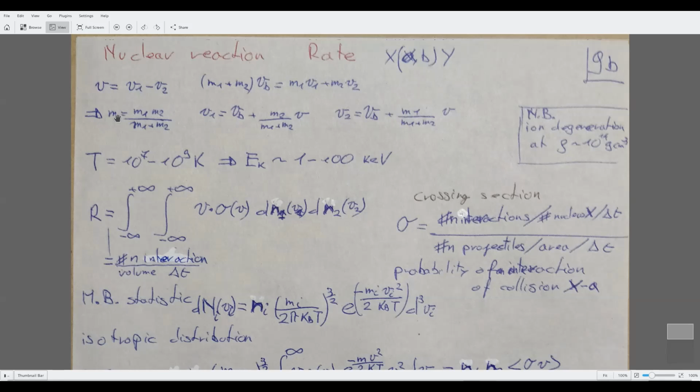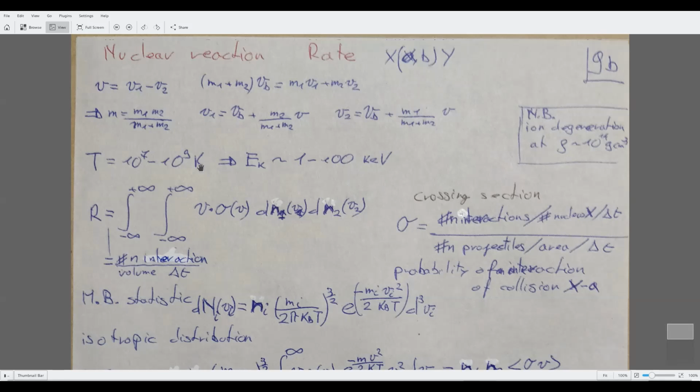I put M, though it should actually be mu, because usually the reduced mass is indicated with mu, but since mu is already used for the atomic mass, to not make too much confusion. It's quite typical in astrophysics, where putting together several branches of physics, there is redundant use of some letters.